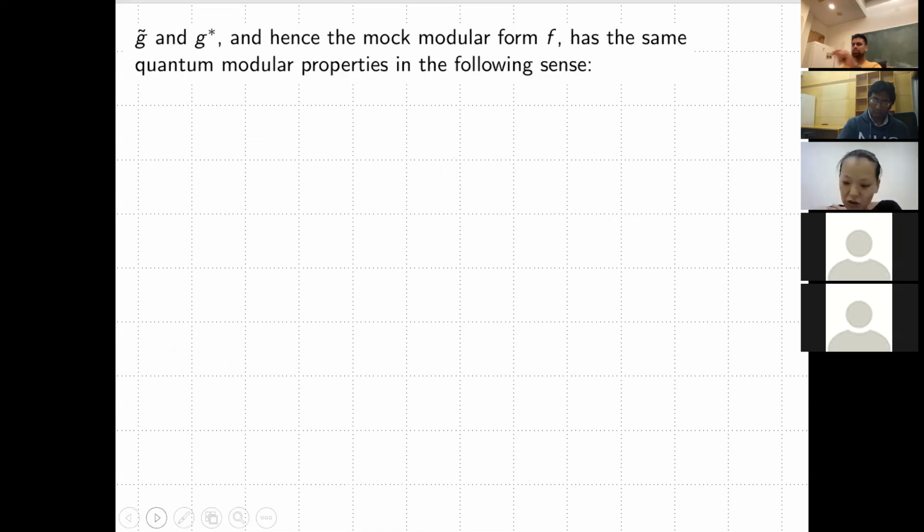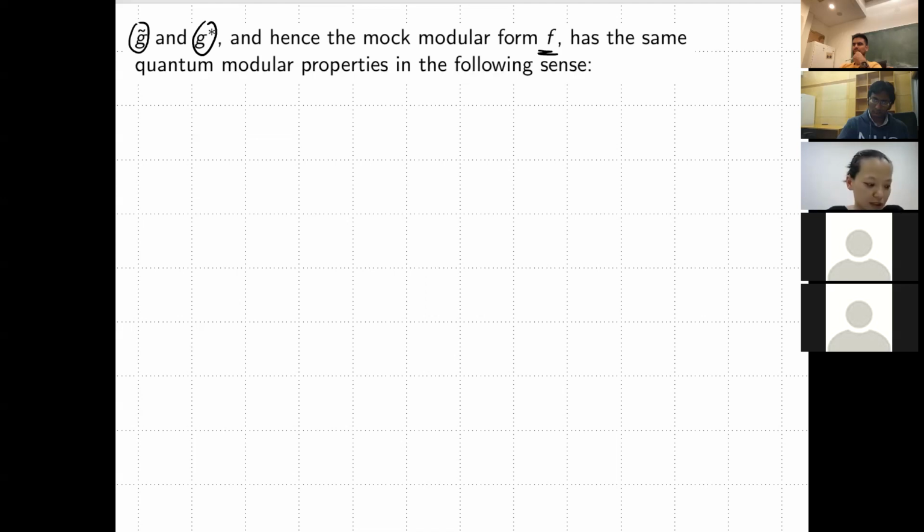Okay. So moreover, G tilde, the holomorphic Eichler integral, and G star, the non-holomorphic one. And we know that G star looks the same near the cusp as the mock modular form, so they all have the same quantum modular properties.